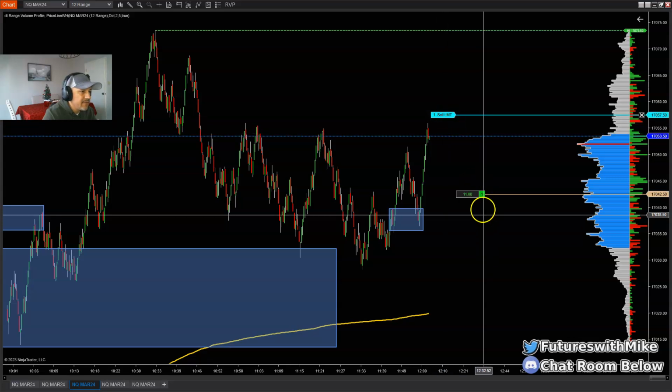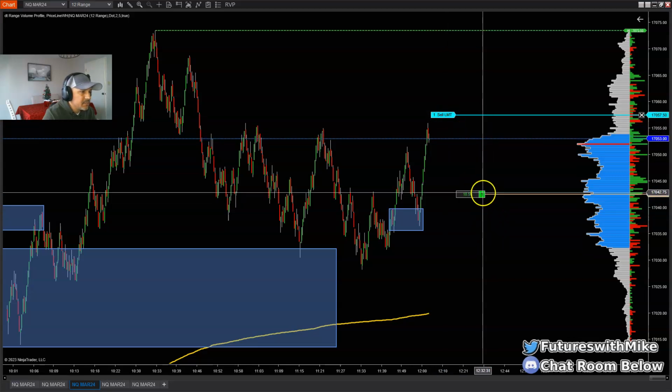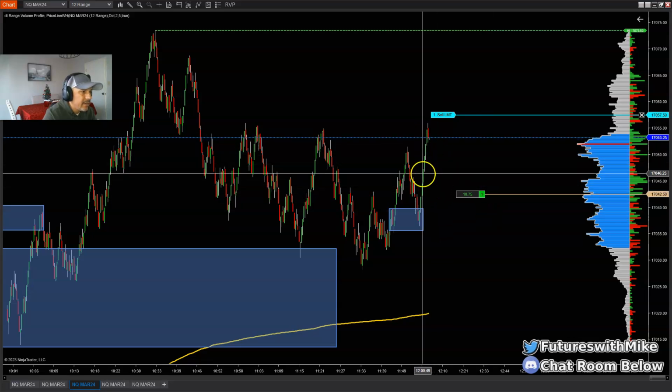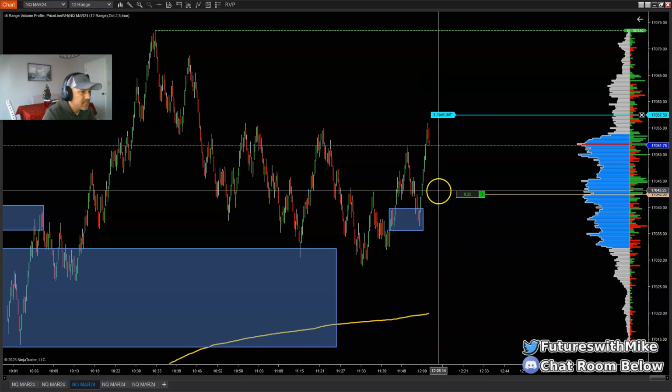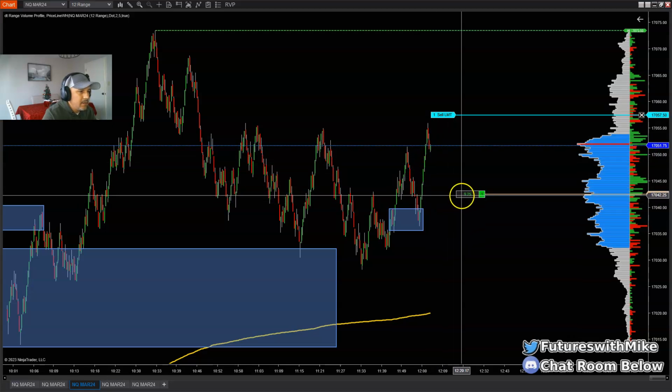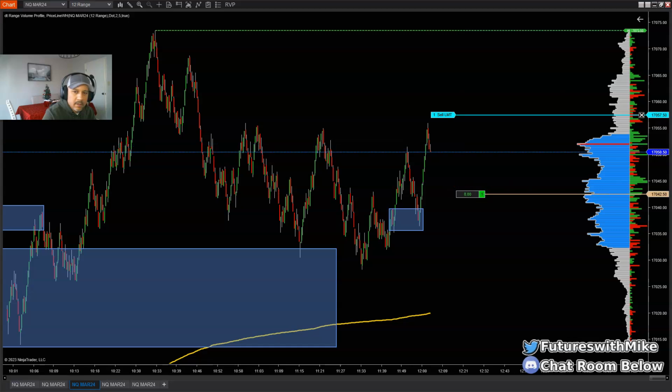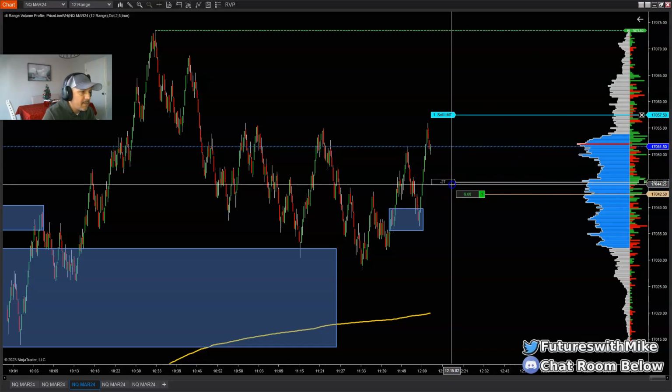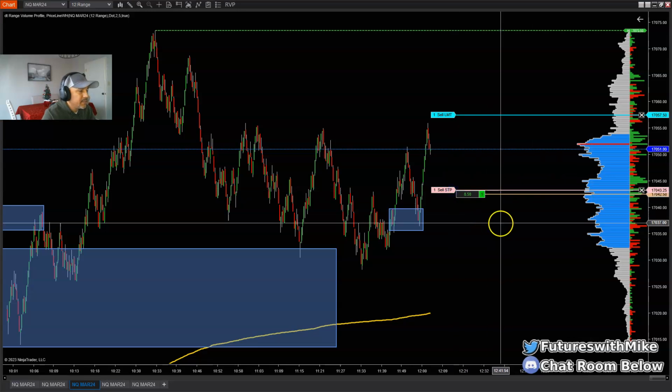Hopefully we get up here to 57. I know it can come back down to this area here, so I'm putting a stop because it can come back and fill some of these imbalances to the downside. What I'll do is put a stop that's a few ticks above my break even area.